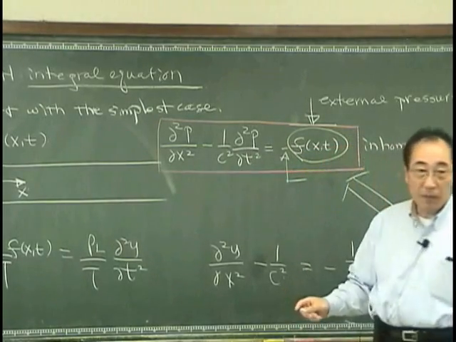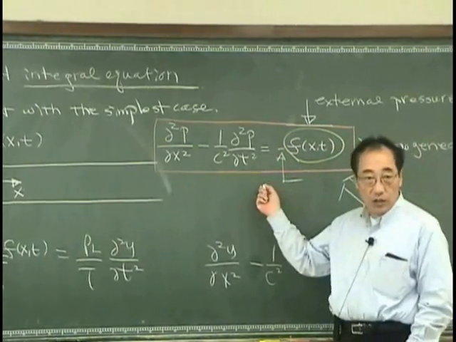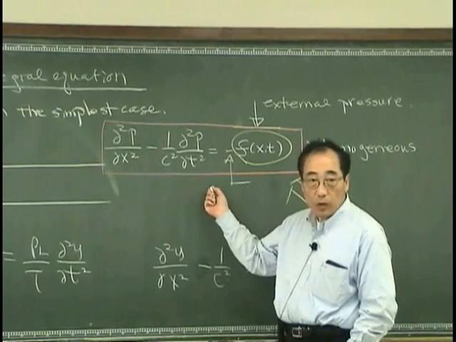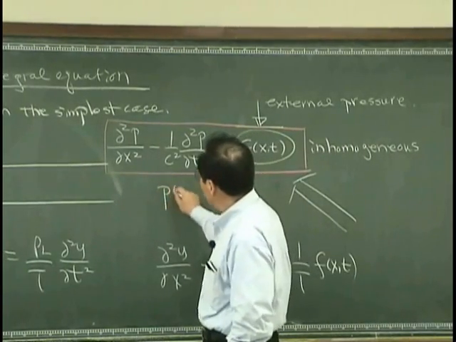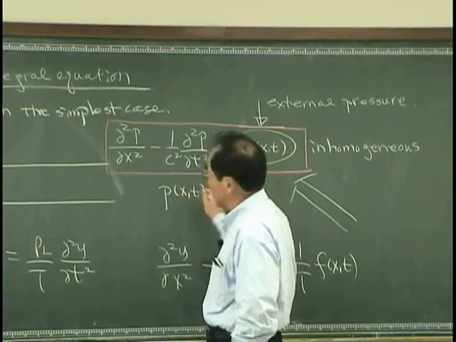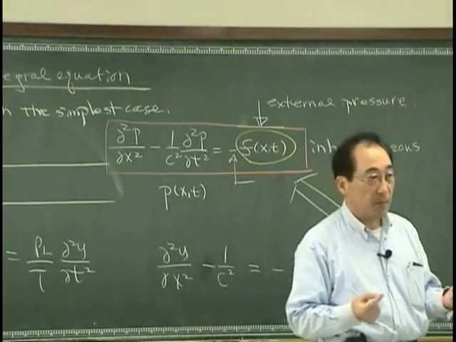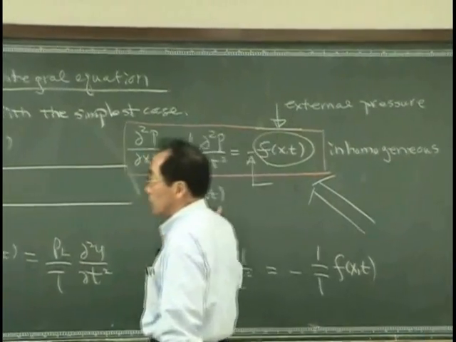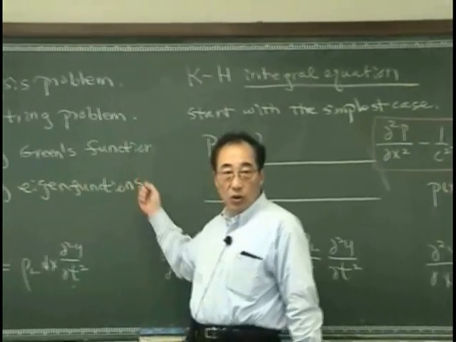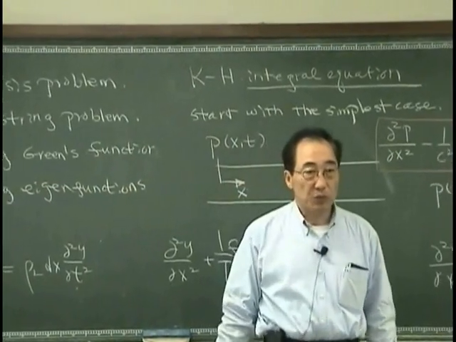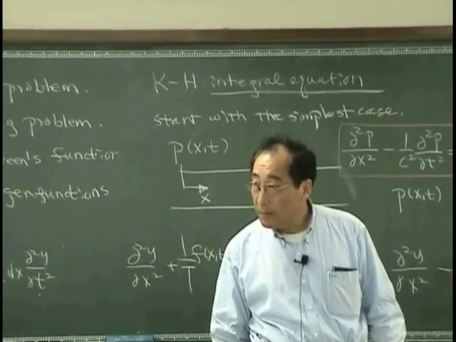Now, our job is to solve this equation, right? To find p(x,t). Of course, what you can do is use the Green's function or eigenfunction approach, right?